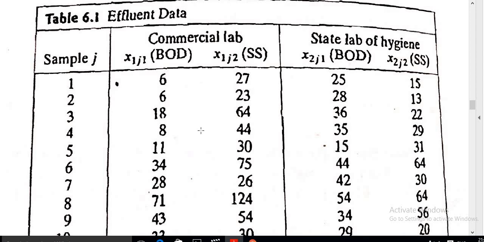X1j1 and X1j2 are the different measurements from the commercial laboratory, and the same were obtained from the State Laboratory of Hygiene.